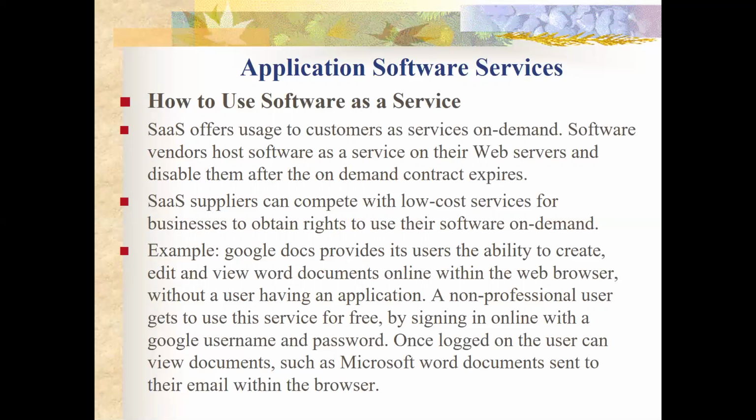The software vendor hosts the software as a service on their web servers and disables it after the on-demand contract expires. Software as a service suppliers can compete with low-cost services for business to obtain rights to use their software on demand.